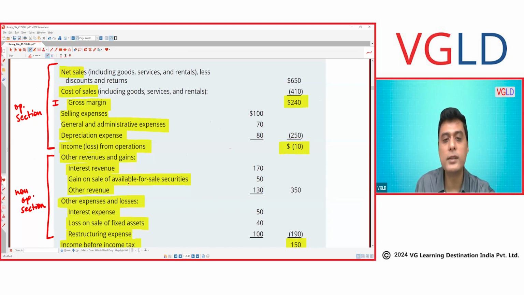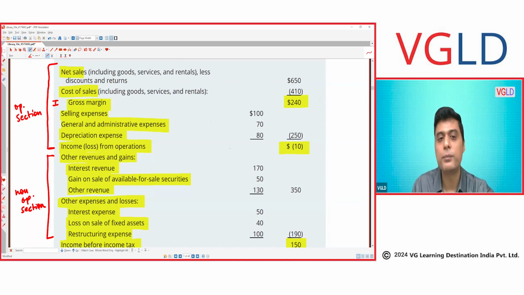Or available for sale securities, this is not your business to buy and sell securities. Your business is manufacturing of pens. But yes, you had some excess funds, you invested in some securities, now you have sold those securities and you made a gain. These are not your core operations. So they are part of your non-operating section.